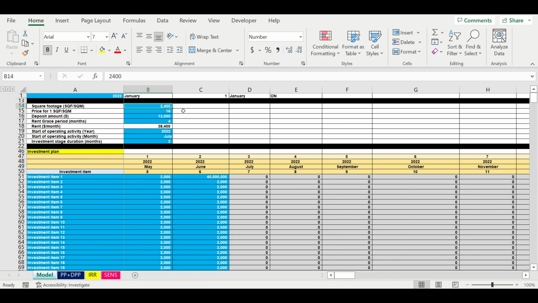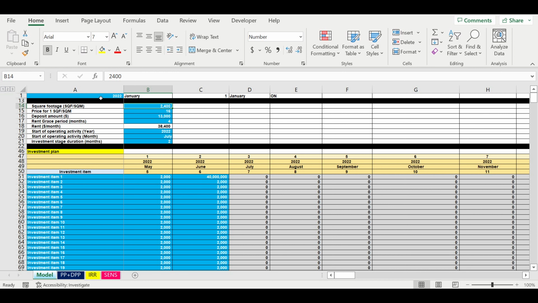So all inputs should be colored with one specific color through the whole model to make you able to easily create scenarios, play with inputs, not to put the inputs inside formulas and so on, making mistakes. So this is very important.